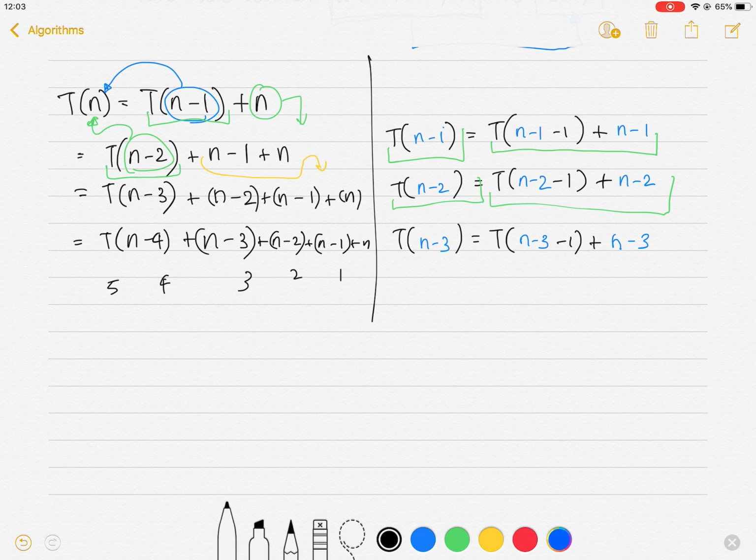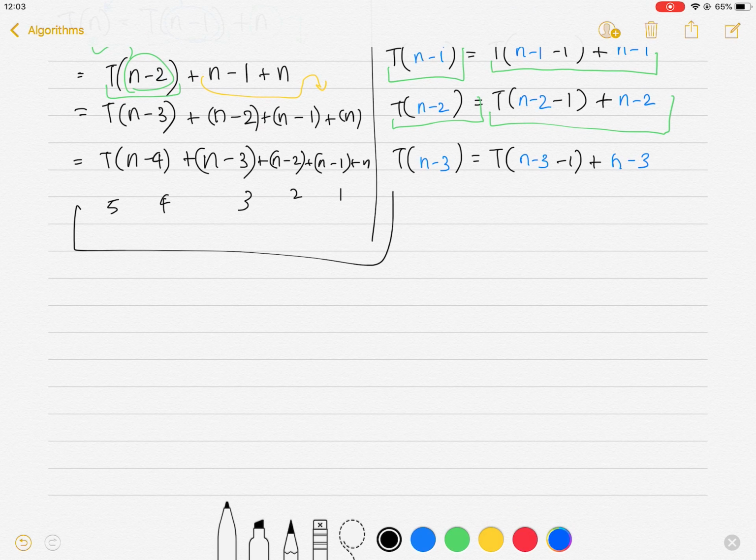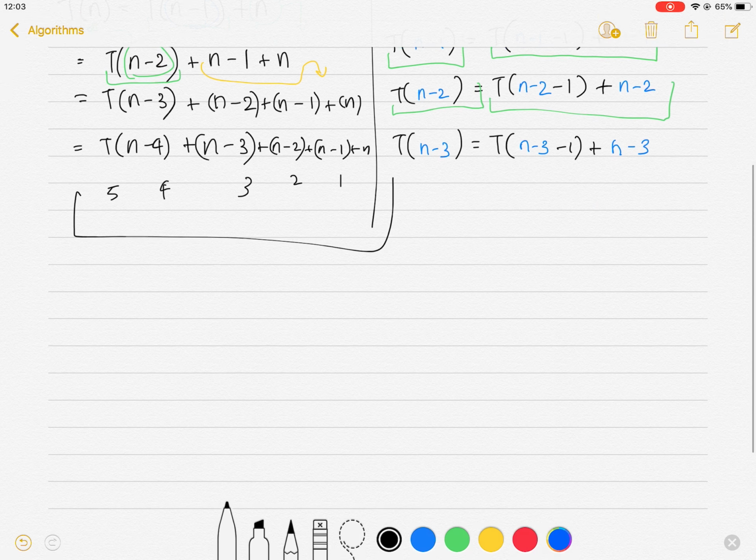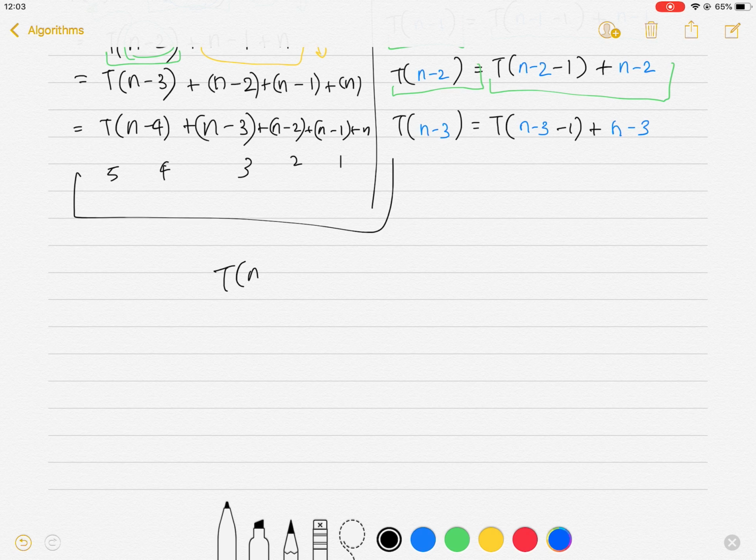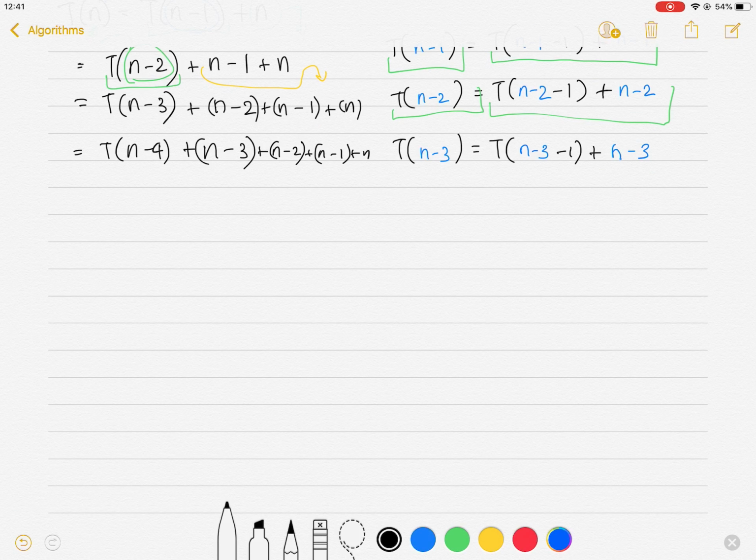The thing about these recursive functions is that the recursion doesn't continue on forever. It doesn't just keep calling itself an indefinite number of times. It stops at some base case. So we know that this recurrence relation is going to stop at some point, but we don't know exactly when.